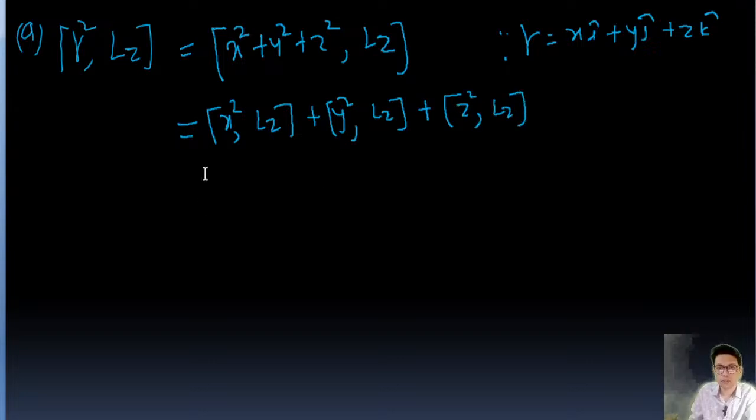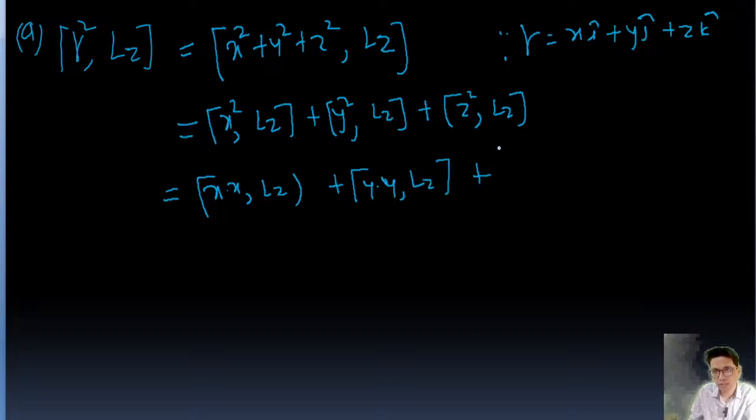Now we'll use the commutation property, that is x square we can write as x into x, Lz, plus y into y, Lz, plus z into z, Lz.